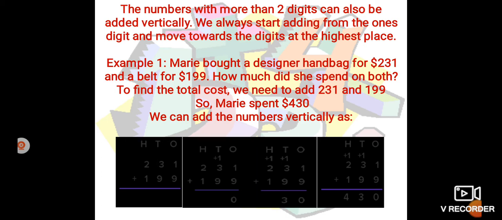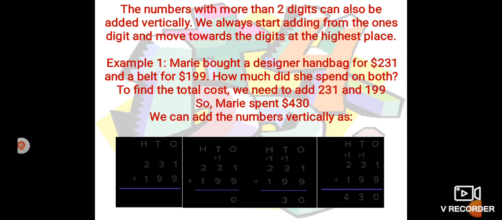To find the total cost, we need to add 231 plus 199. So, Mary spent $430. We can add the numbers vertically. First of all, we have to plot the place values: ones, tens and hundreds.